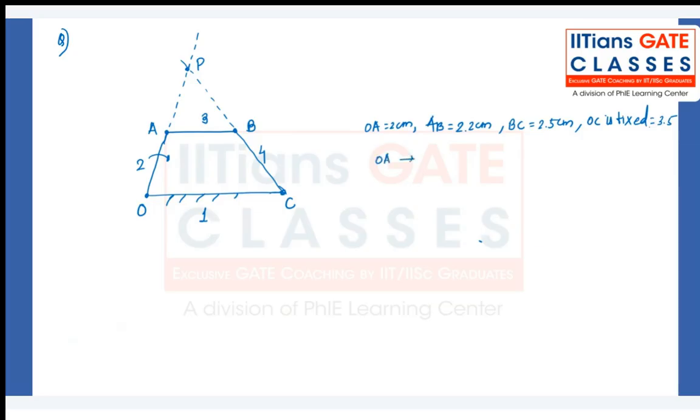Okay, OA rotates at 10 radian per second. PO is equal to 6 centimeter. PC is equal to 6.5 centimeter.